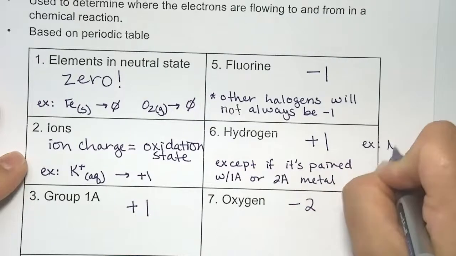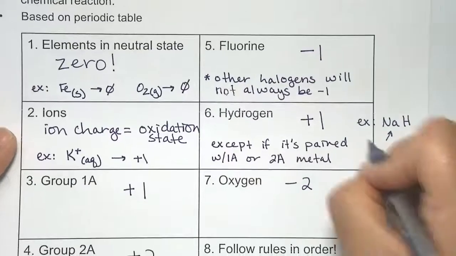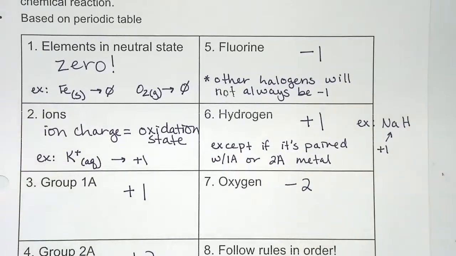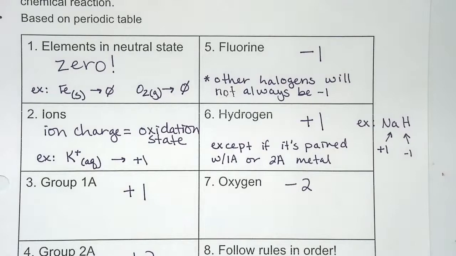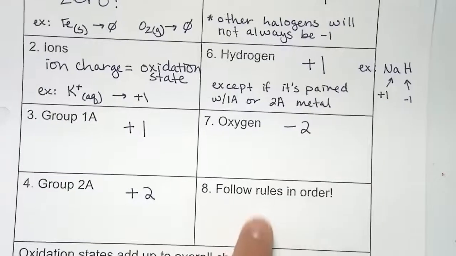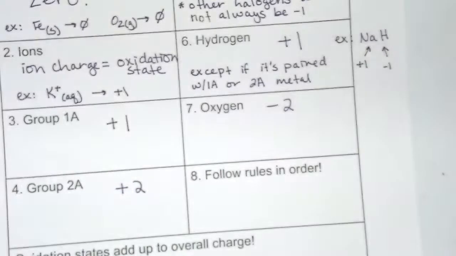If we have NaH, Na is the one that has to be +1. So in this case, what does H have to be? -1. But in every other scenario, it's going to be +1 like it always is. Okay, the most important thing is to follow the rules in order, the way you see them on this list.